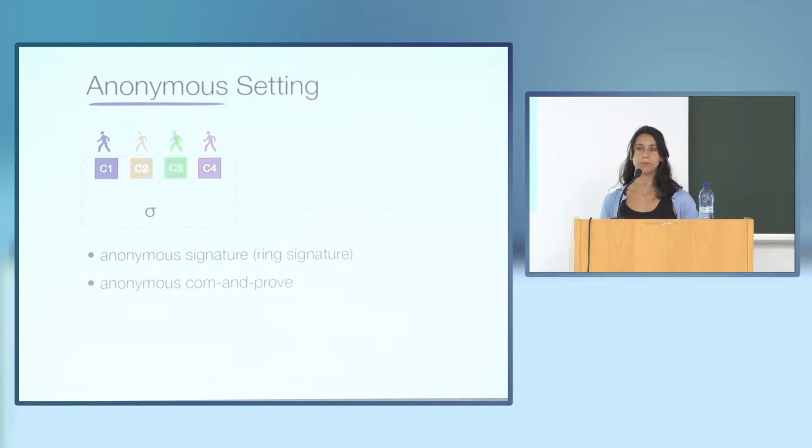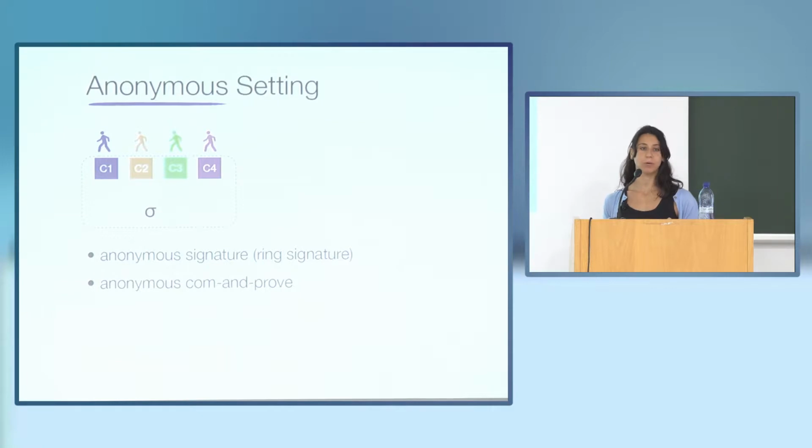Similarly, in anonymous commit and proof, you have many commitments. These commitments are made by other people, but you want to prove that you know the opening of one of them. And this is what happens in Zcash. For example, in Zcash, what you do is a proof of equality. All the commitments are coins, and when you want to spend your coin, you say, well, take all these coins, which are commitments, and I know how to open one of these commitments to this number.